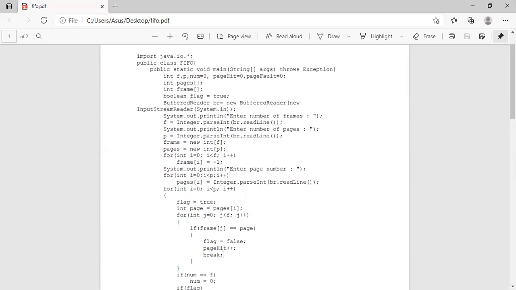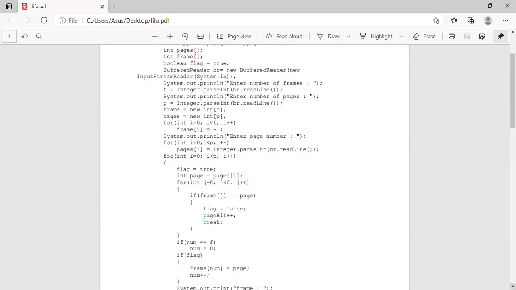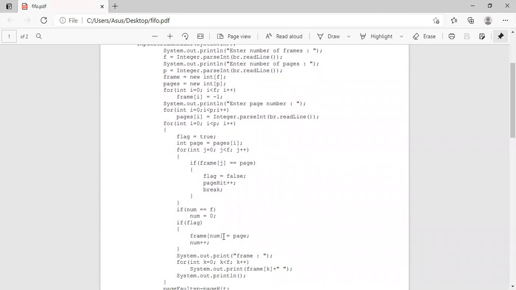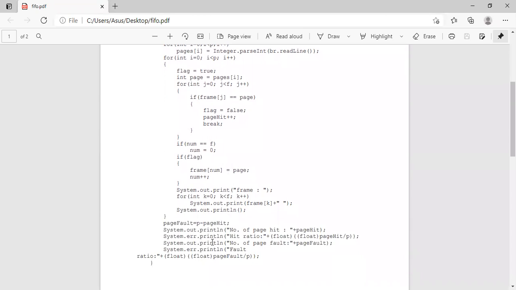If a page hit does not occur, we insert that particular page into that frame. In this way we insert all the pages into the frames.